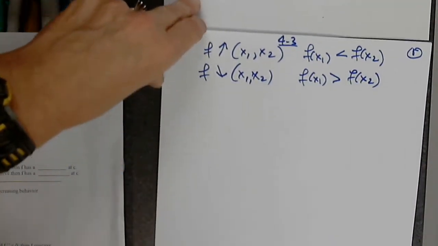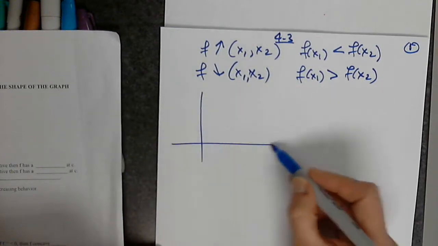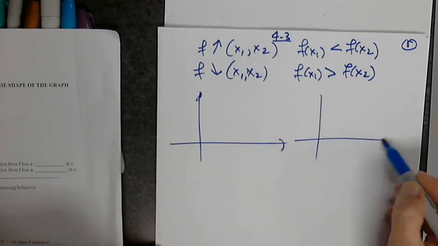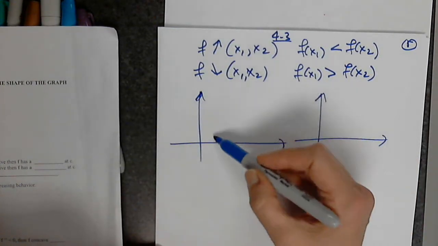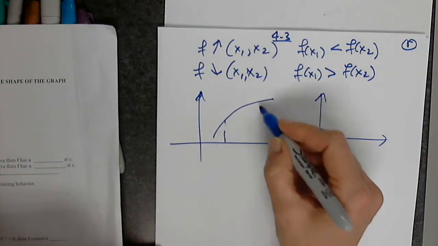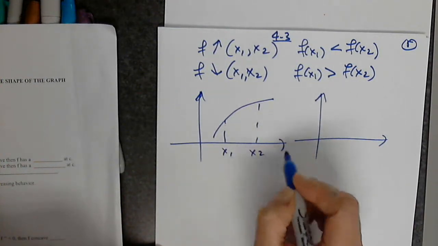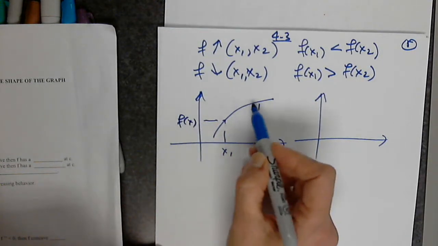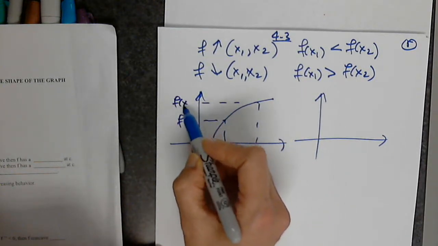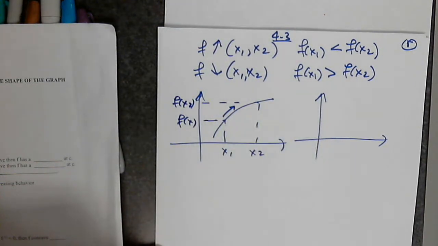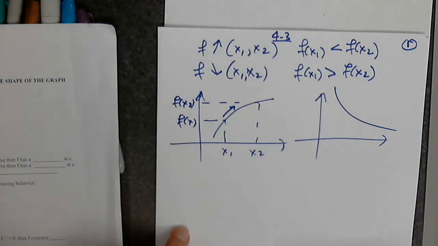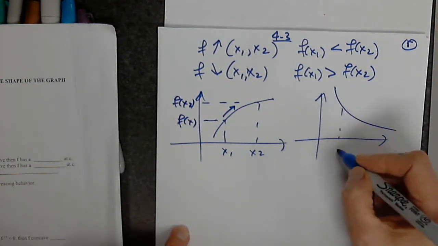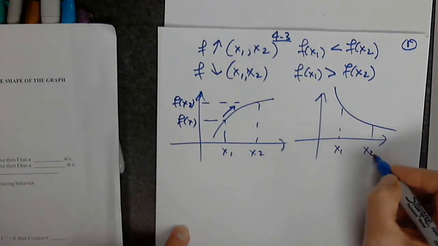So let me illustrate this with a graph for each situation. This function is increasing on the interval x1 comma x2. Why? Because this is f of x1 and this is f of x2. So the function is increasing between x1 and x2. It could be decreasing on the interval x1 comma x2.